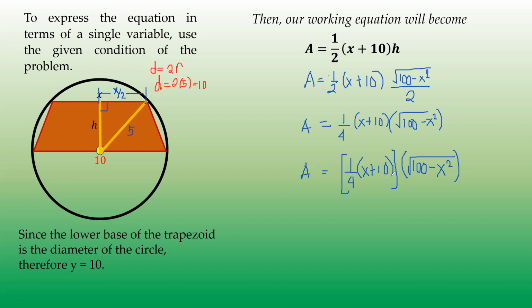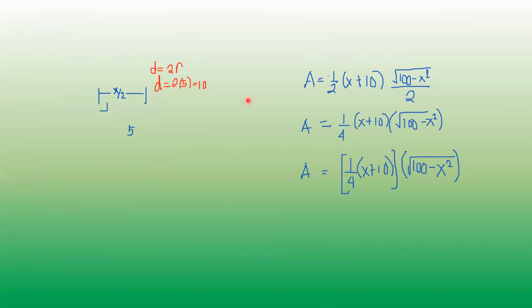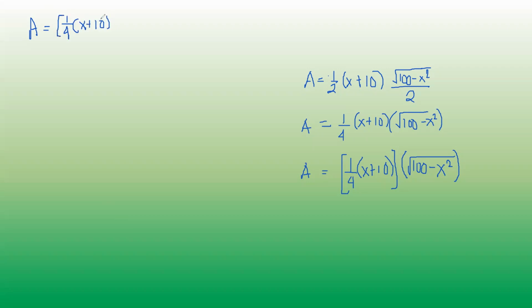So, we are now going to differentiate. Okay. Alis muna tayo sa part na to. I-write ko lang equation ng area. So, area is equal to, so meron tayong 1/4 of x plus 10 times the square root of 100 minus x squared.